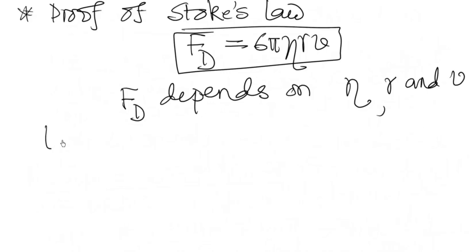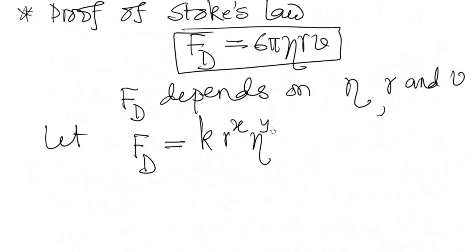So let the drag force be equal to some constant k and r to the power x, eta to the power y, and v to the power z. We apply the dimensional analysis.